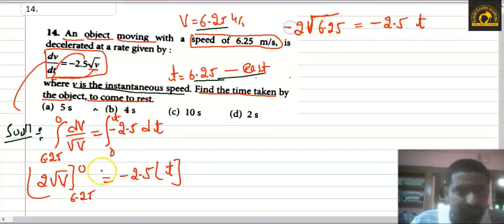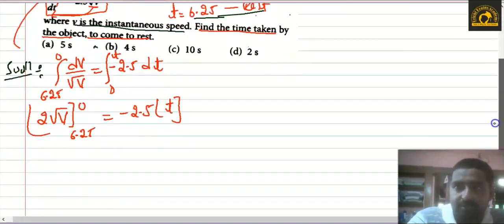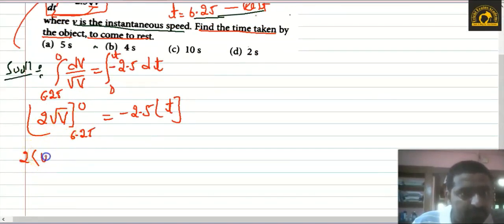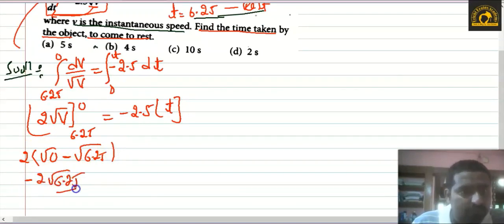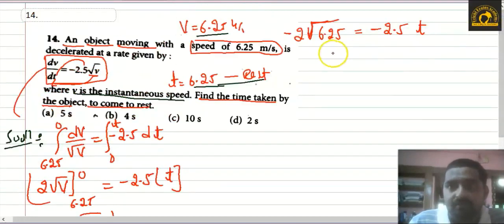This will have a minus sign because it is upper limit minus lower limit. So 2 into upper minus lower: upper is square root of 0 minus lower limit 6.25, which is minus 2 into square root of 6.25. So minus minus gets cancelled. The time is equal to 2 square root of 6.25 divided by 2.5.